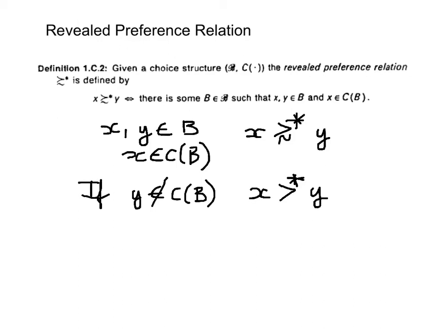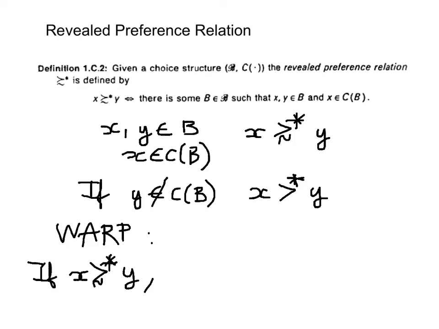So we can now restate the weak axiom of revealed preference as follows. The first half of WARP says that X must be chosen when Y was available. Well, that's just X being revealed at least as good as Y, right? So WARP can be restated. If X is revealed at least as good as Y, it cannot be the case that if X and Y are available in a different budget set, Y be chosen and not X. Well, what would it mean for Y to be chosen and not X?